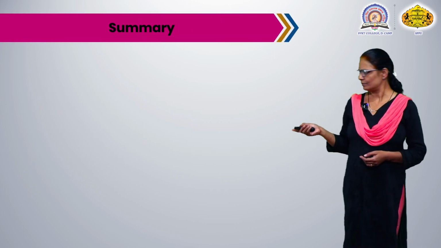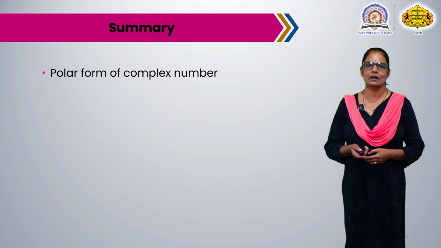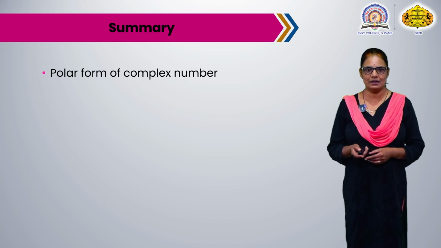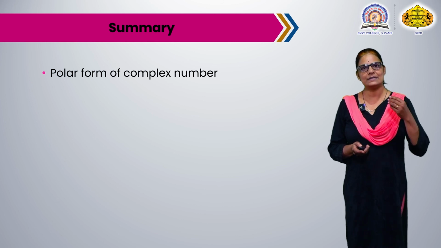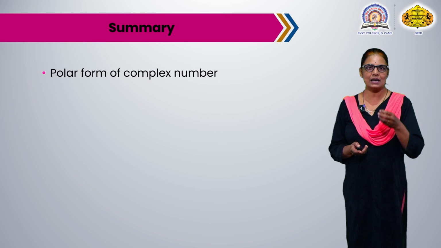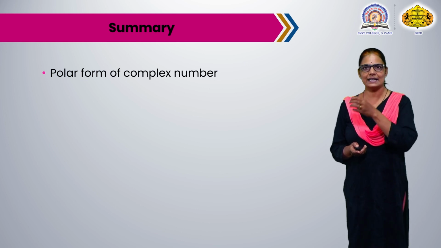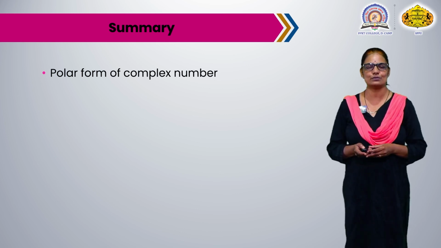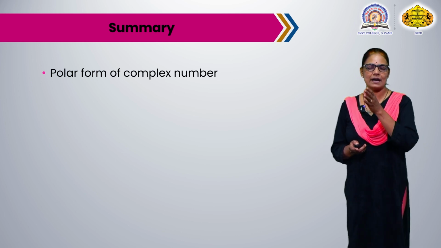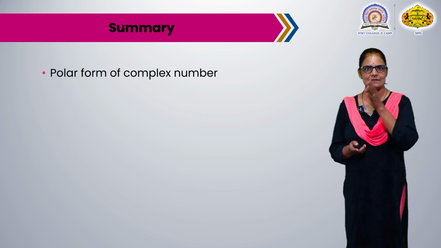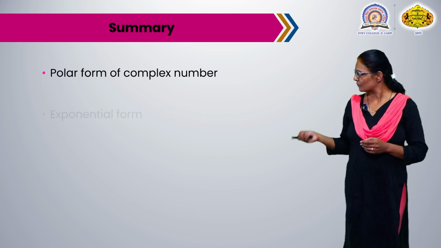Let us summarize today's lecture. In today's lecture we have studied the polar form of a complex number. If z is a complex number, then it can be written as z equals r times (cos theta plus i sin theta), where r is the root of x squared plus y squared and theta is tan inverse of y upon x, or tan theta is y upon x.